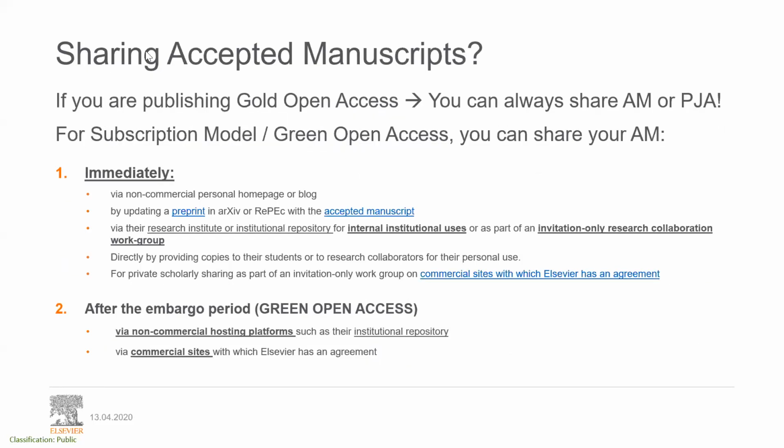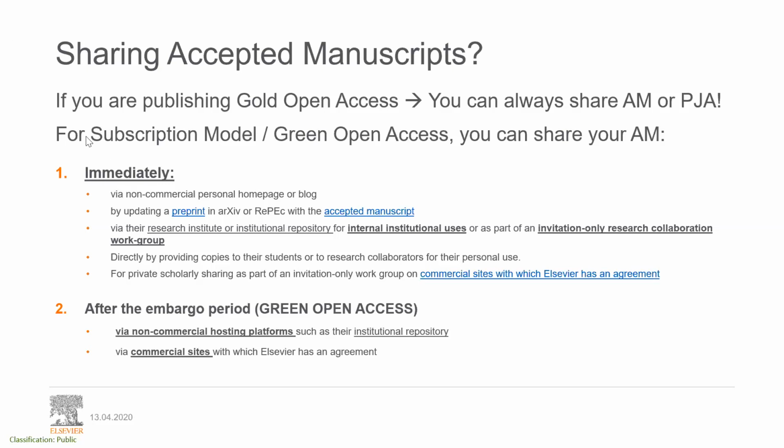So what about sharing accepted manuscripts? The accepted manuscript has the same content as the article that appears on the publisher's website, what we call the published journal article. If you have published Gold Open Access, then you can share the accepted manuscript or the final publisher version, the published journal article, anytime you want.